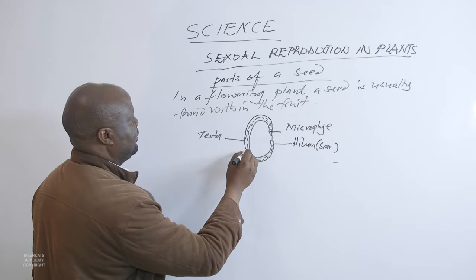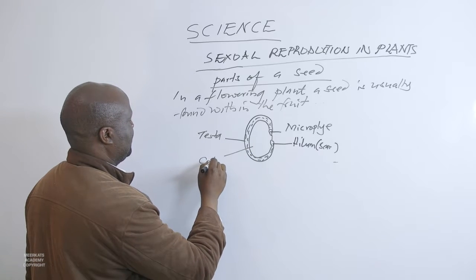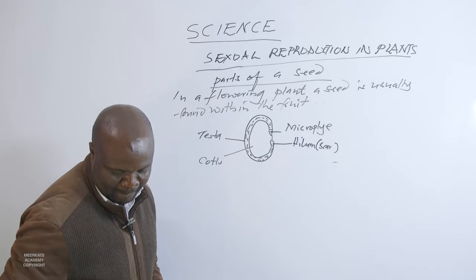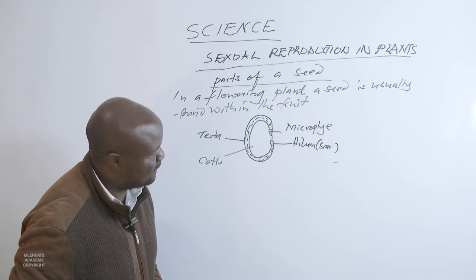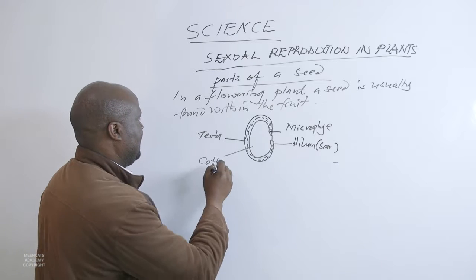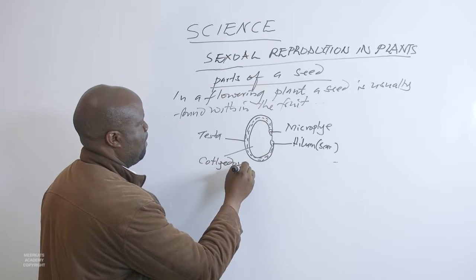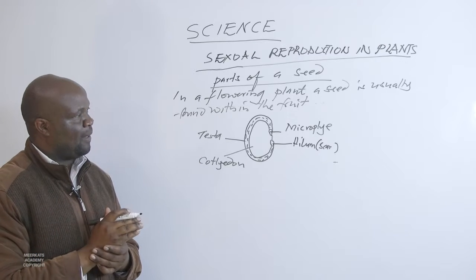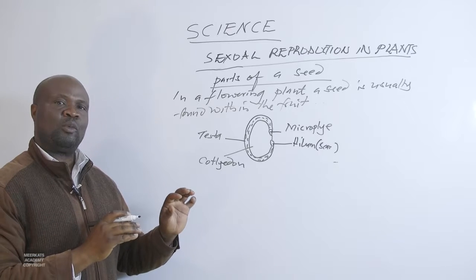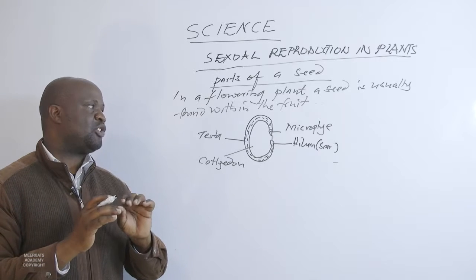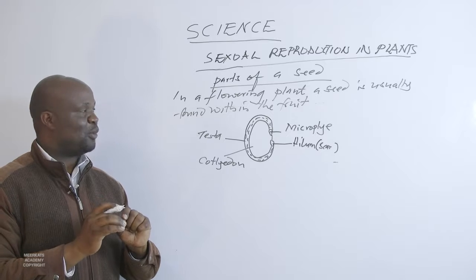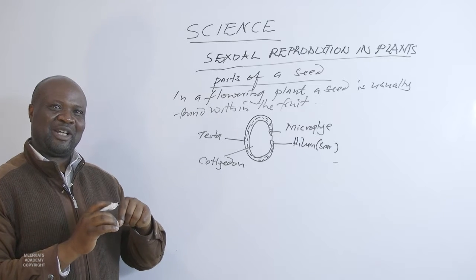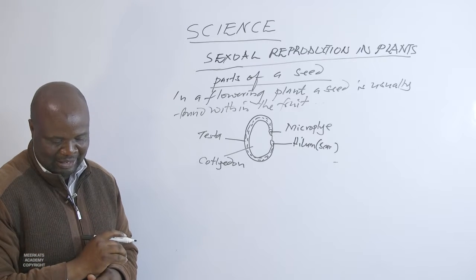Then the cotyledon. Now, those are the parts of a dicot seed, but we can go further because we want to show what part grows into a shoot, the plumule, and what part grows into a root, that is the radicle.